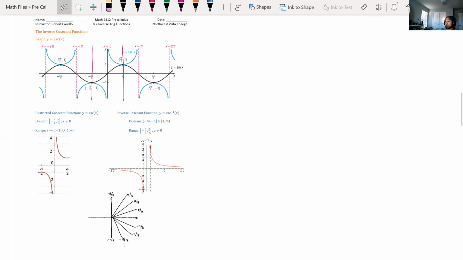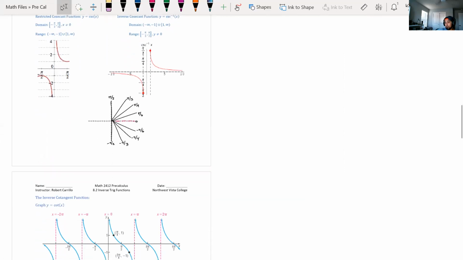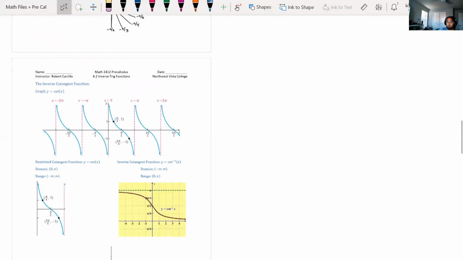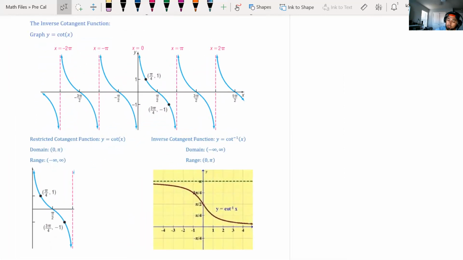And of course, last is the inverse cotangent function. So there's cotangent. Of course, it's not one-to-one. If I draw a horizontal line through it, we intersect it infinitely many times. If we restrict the domain from 0 to pi, we make cotangent a one-to-one function.